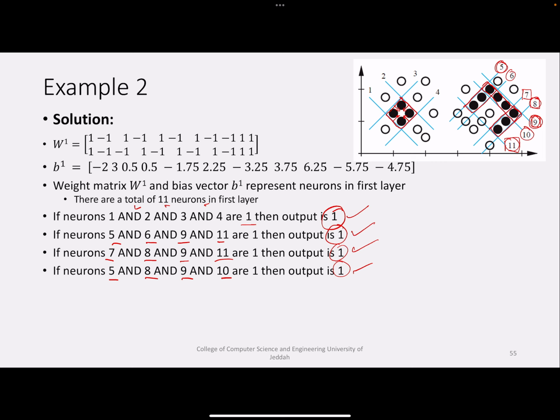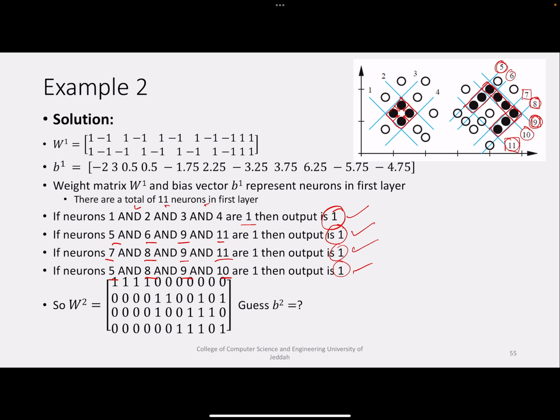Now, if an input falls within any one of these bounded boxes, then the final output, the class label, should be class 2. And that is something that we'll do in the third layer.